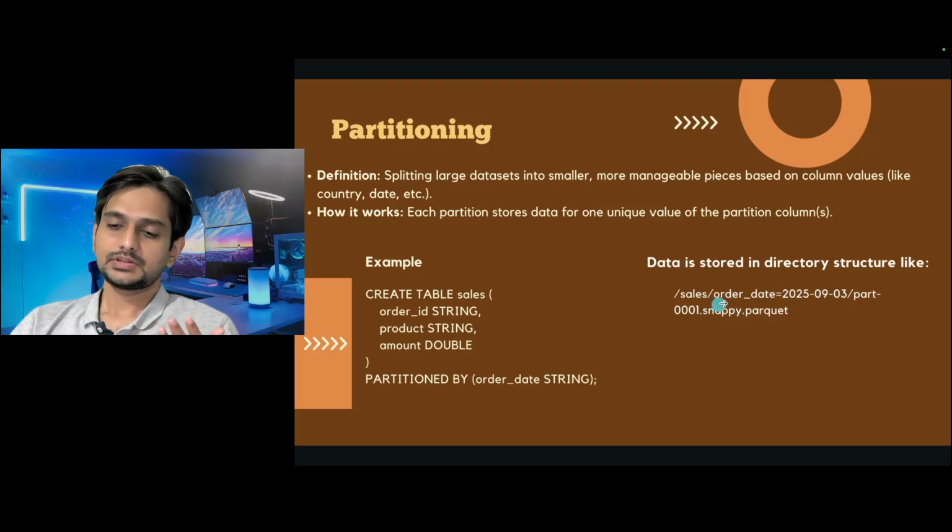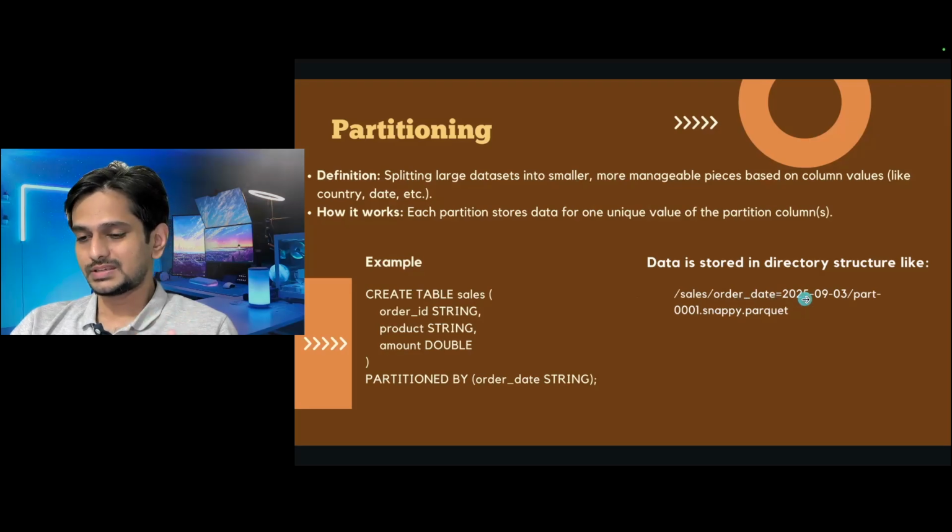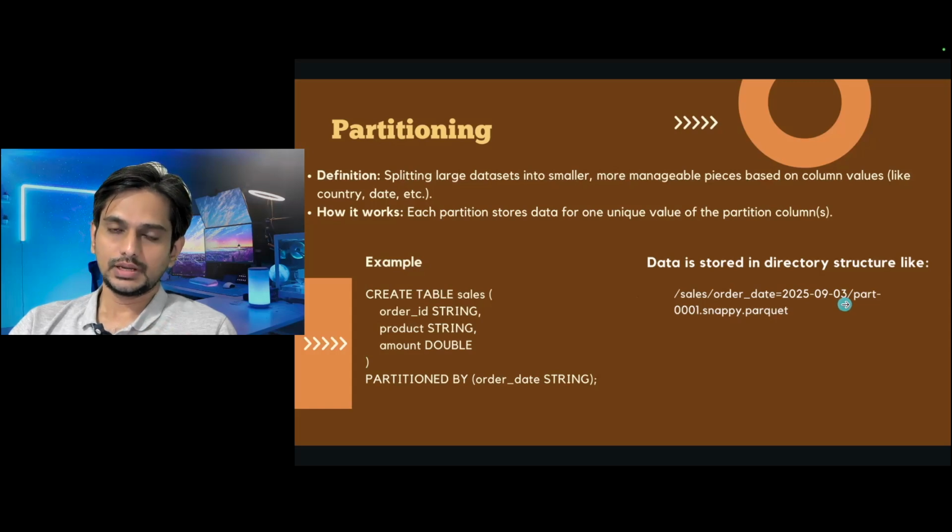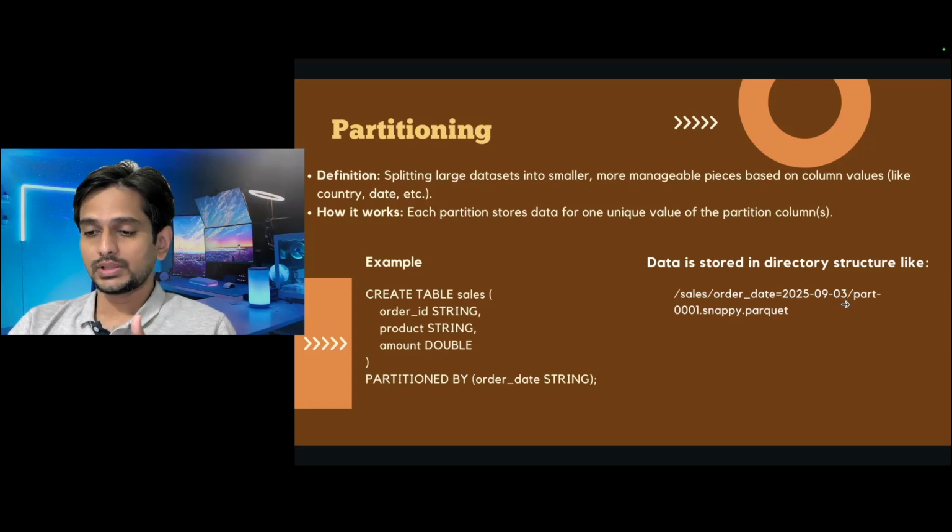So if there are 365 days of data in a year, there will be 365 order date subfolders, and the respective data of each individual date will be stored in that particular subfolder, right?